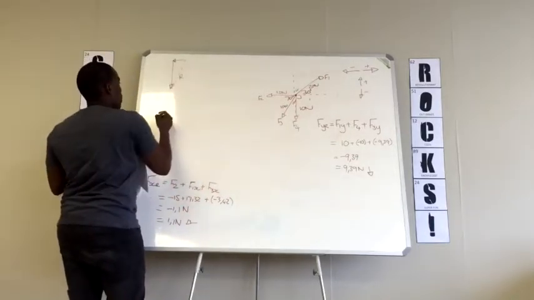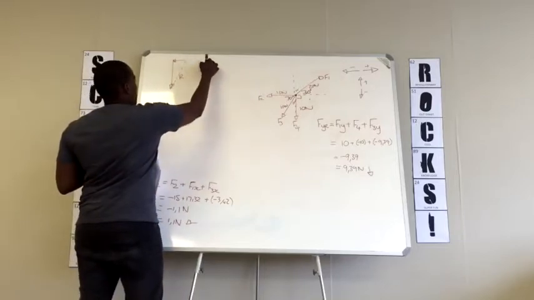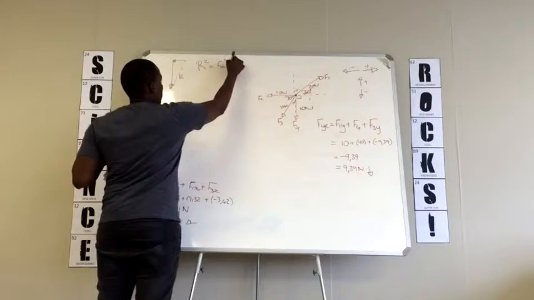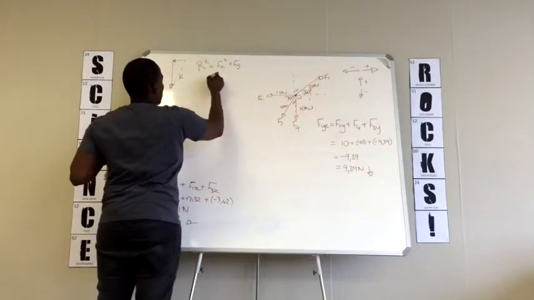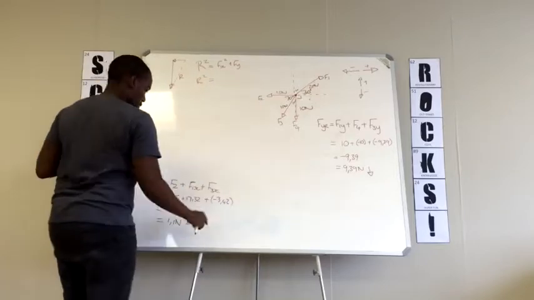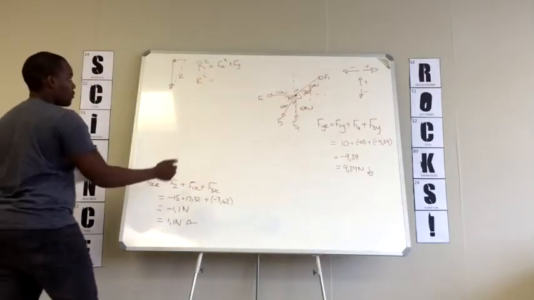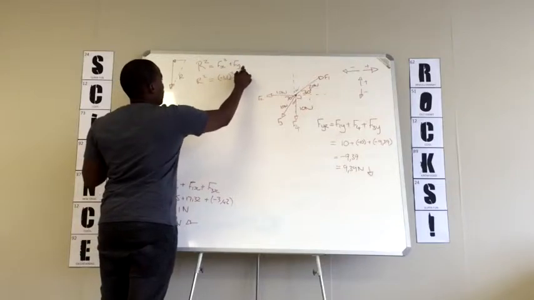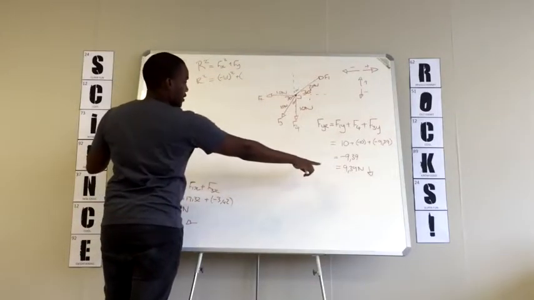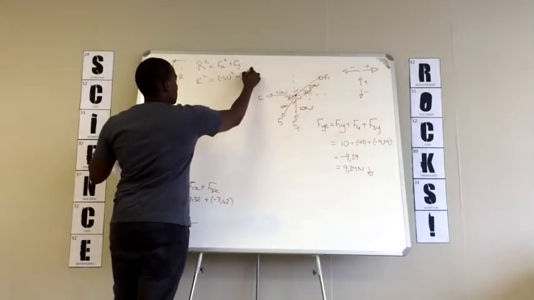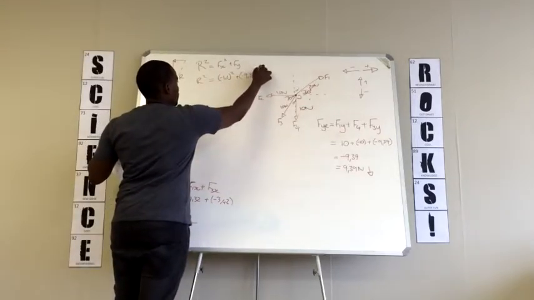Let's call that R. Using Pythagoras again, R squared is equal to our fx squared plus our fy squared. So R squared, our fx, we said, is negative 1.1 squared plus our fy, negative 9.39 squared.